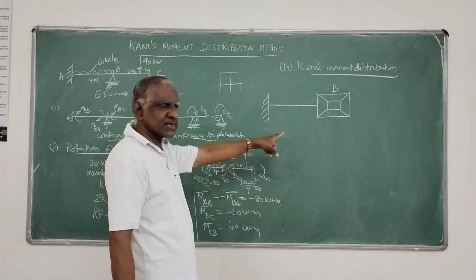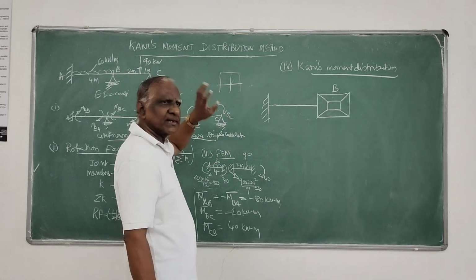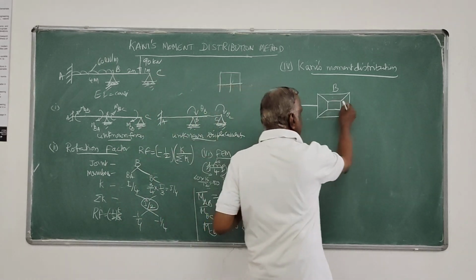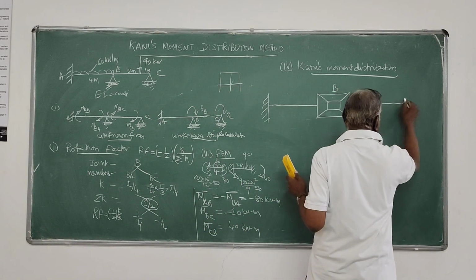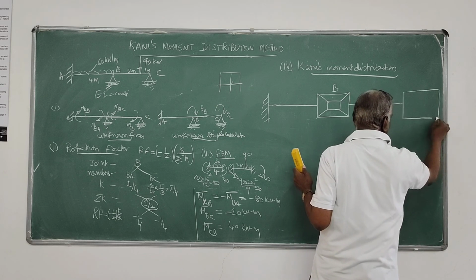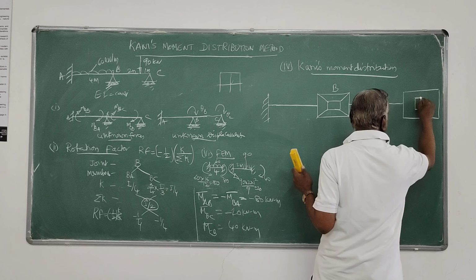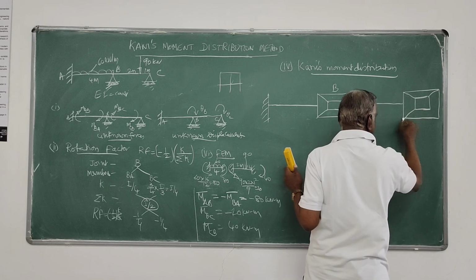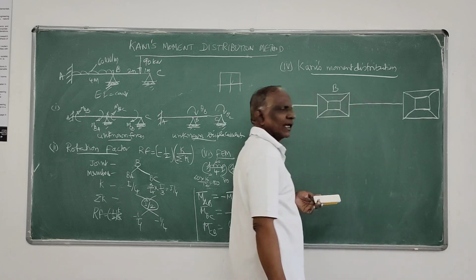Only for a continuous joint and a simply supported roller or whatever it is, we use this figure. C is again a roller. There again we will use either a square or rectangle type of box, one inscribed in the other, like that.